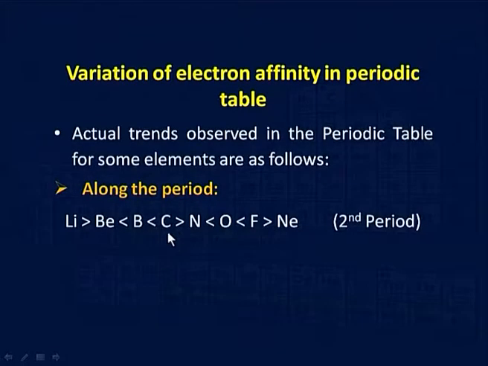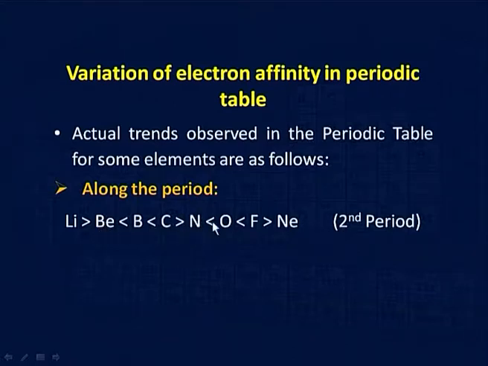Then it increases to boron, then it goes on increasing to carbon. So, we have seen that it depends on electronic configuration also, and here in case of beryllium the valence shell has ns2, or it is completely filled, therefore, it has least tendency to accept the electron and its electron affinity value is less.